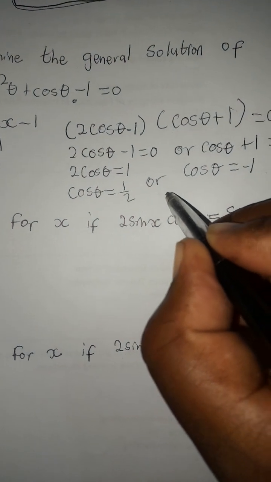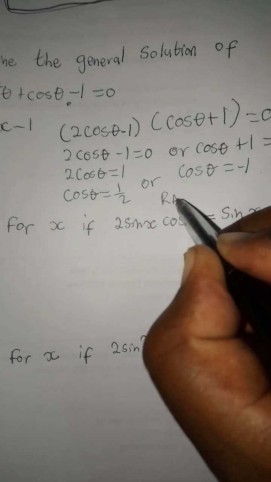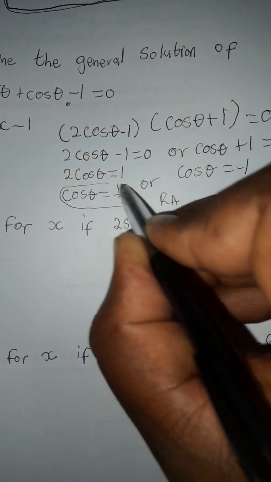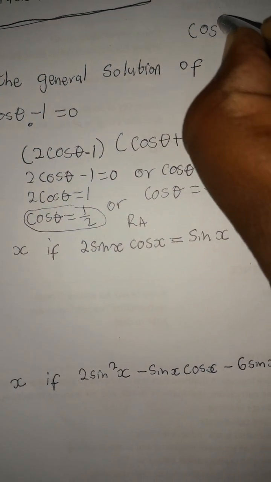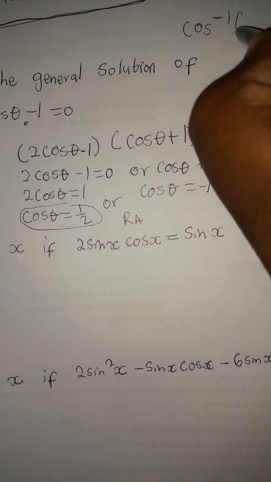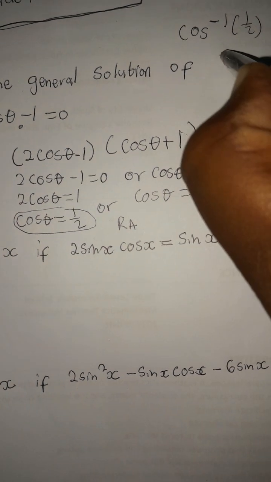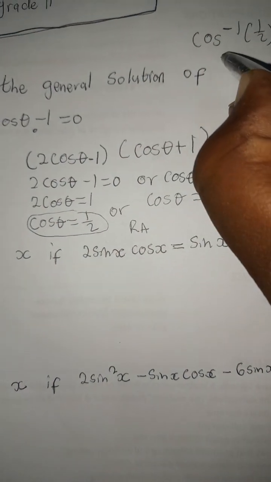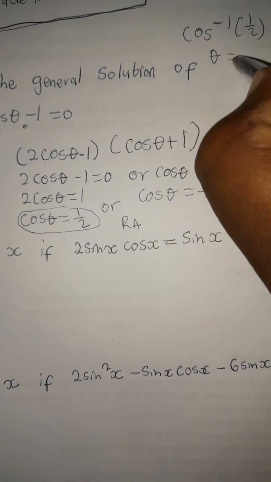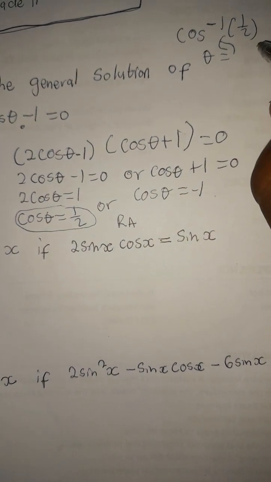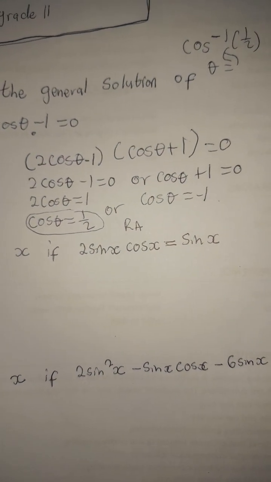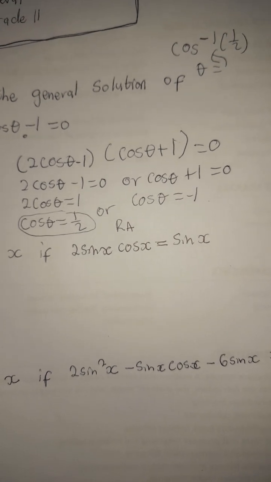So what can we do, guys? We need to find the reference angle. So if you say cos inverse of half, then remember we need to make theta equal to cos inverse of half. What is that? If you punch your calculator, we are getting 60.